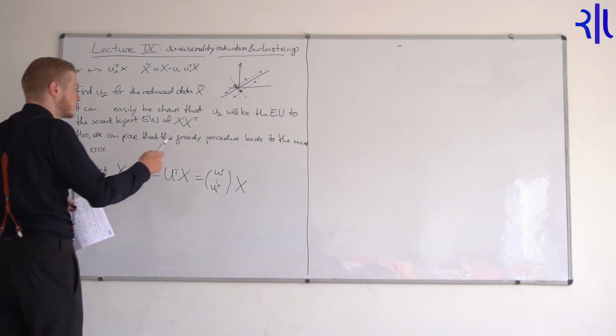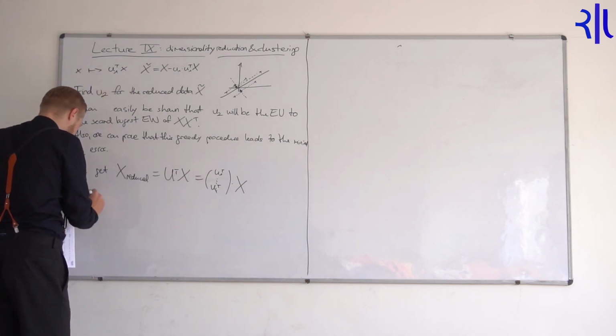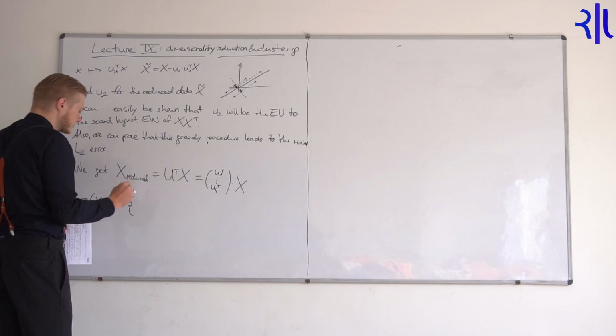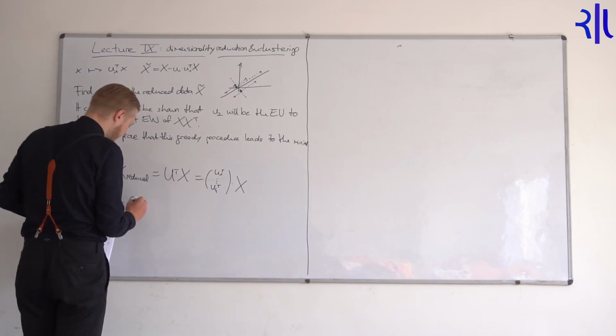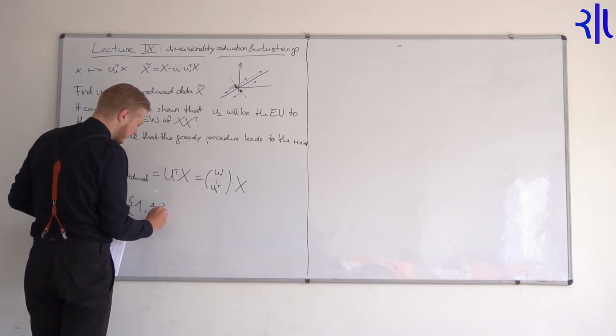So what we would see here, maybe for this data set, would be that the eigenvalues of x times x transpose might be something in the order of 1 for the first component, and the second component might only be 100th.